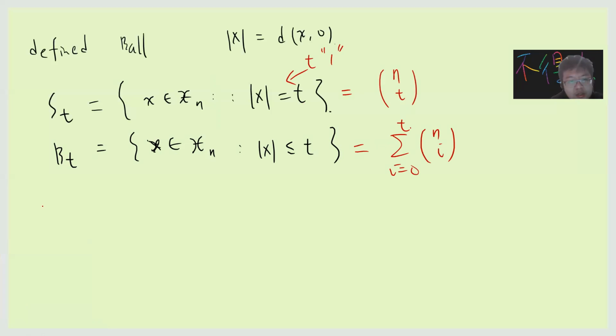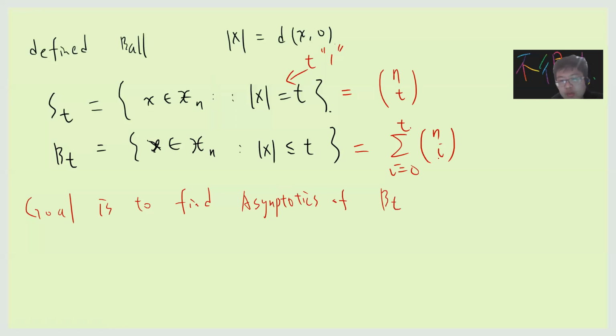So this is simple, but the goal is to find the asymptotics of B(t). If I choose t comparable to n, let's say t is tau n, I want to know the asymptotics of B(t).